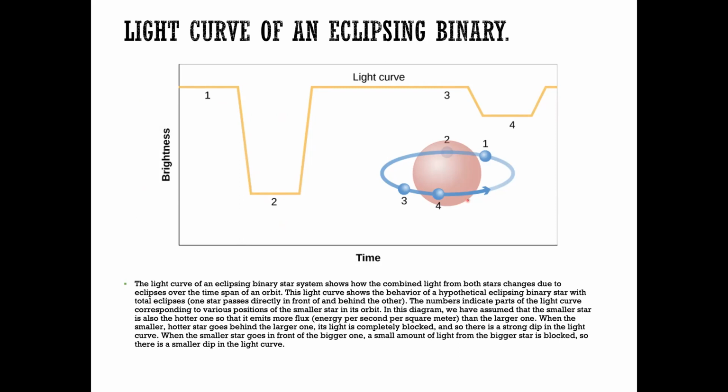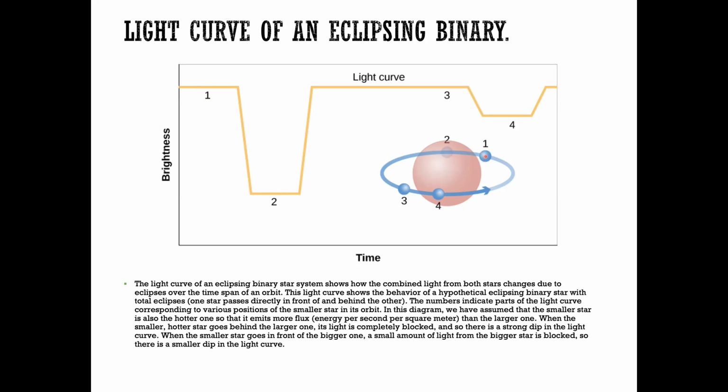So what happens is the star goes around this large star. You can see that point 1, right here, is relevant to this position right here. At that position, when you look from your side, you can see the brightness coming from both stars separately, because none of them is covered by the other one, right?